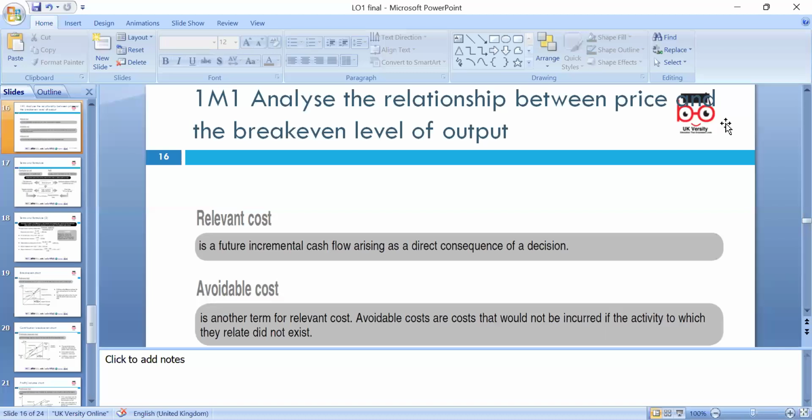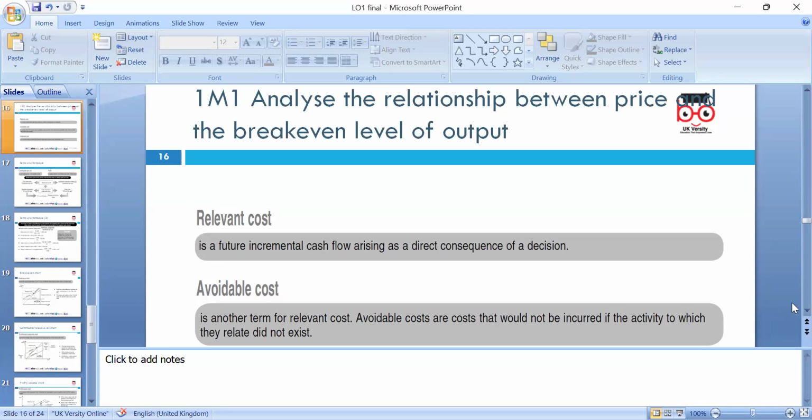Relevant cost is future incremental cash flow arising as a direct consequence of a decision. For example, if you make a decision to buy something from abroad, any cost to place the order will be a relevant cost.